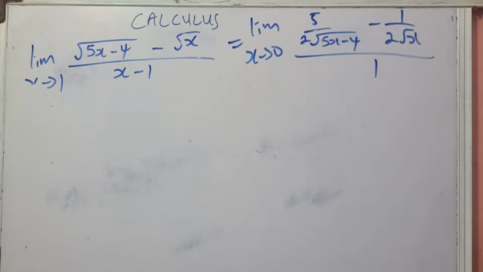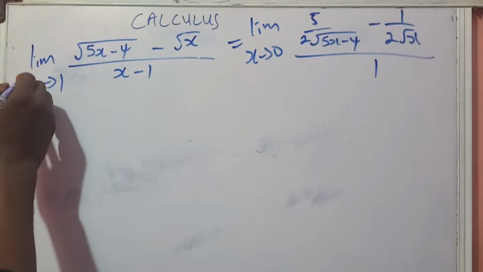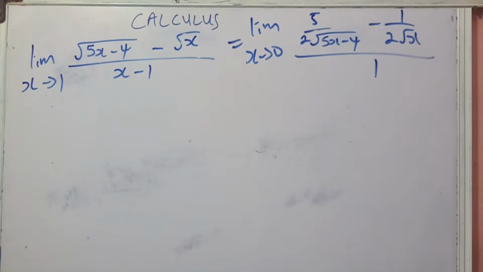So you can go on to fill in x as 1 now. And let's see what you're going to get right there. So when you fill in your x as 1, we have our x tending to 1.